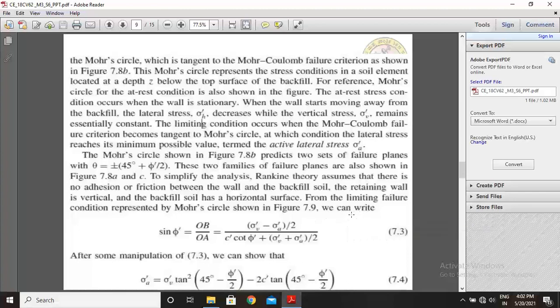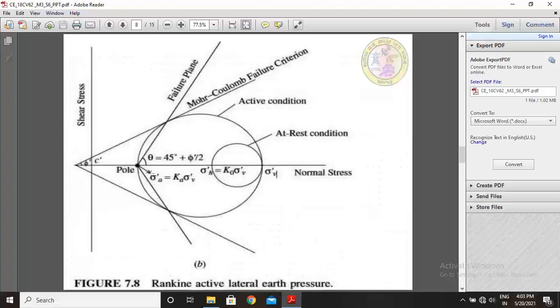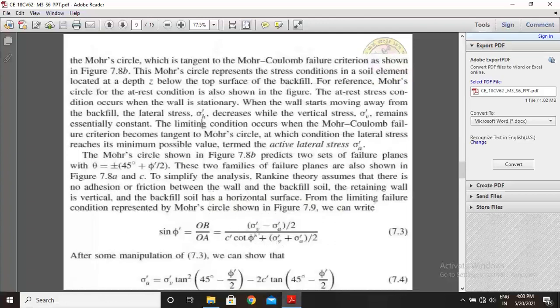From the limiting failure condition represented by the Mohr circle shown in figure 7.9, we can write sin phi dash equal to OB by OA, that is y by x. So sin phi dash equals OB by OA, which is equal to (sigma dash v minus sigma dash a) divided by 2, and OA is c dash cot phi dash plus (sigma dash v plus sigma dash a) by 2.